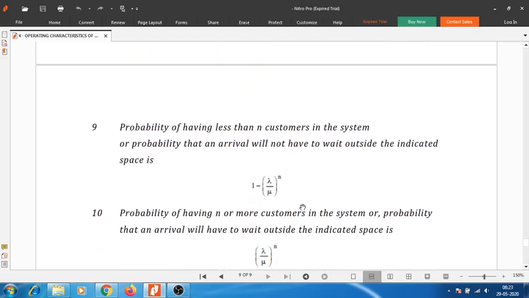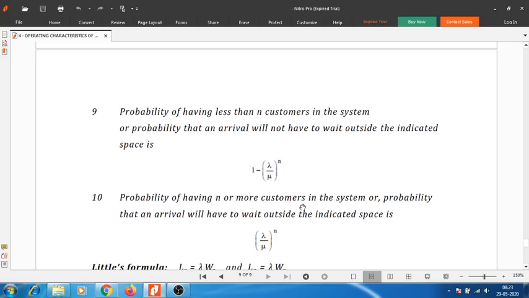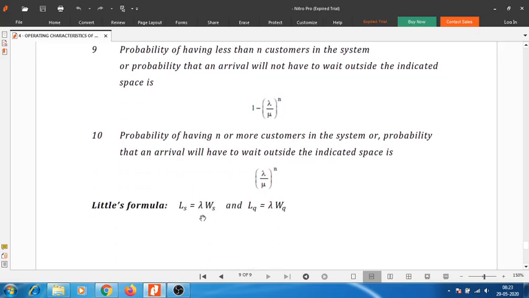Again, the probability that there will be less than that number of customers is 1 minus that. Similarly, finally, let us talk about Little's formula. What is Little's formula here? LS is equal to lambda into WS. LQ is equal to lambda into WQ. This is the relationship between customers in the queue and waiting time of the customer.